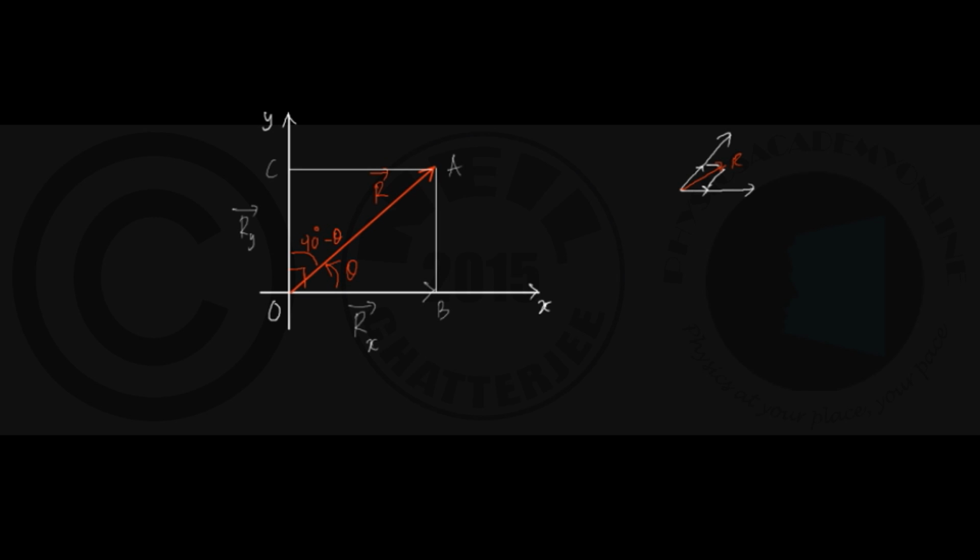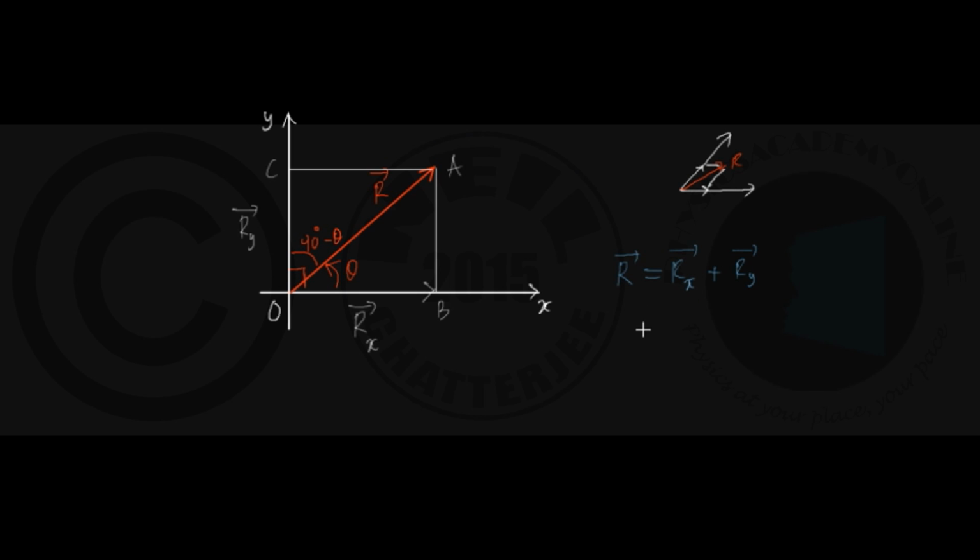Obviously we can write in the same way that since we resolved R into these two components, you can establish easily by triangle rule that R is given as Rx component vector and Ry component vector.